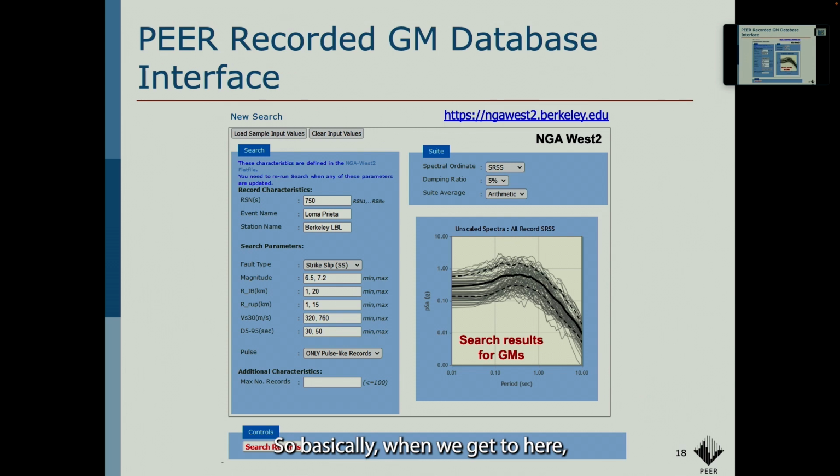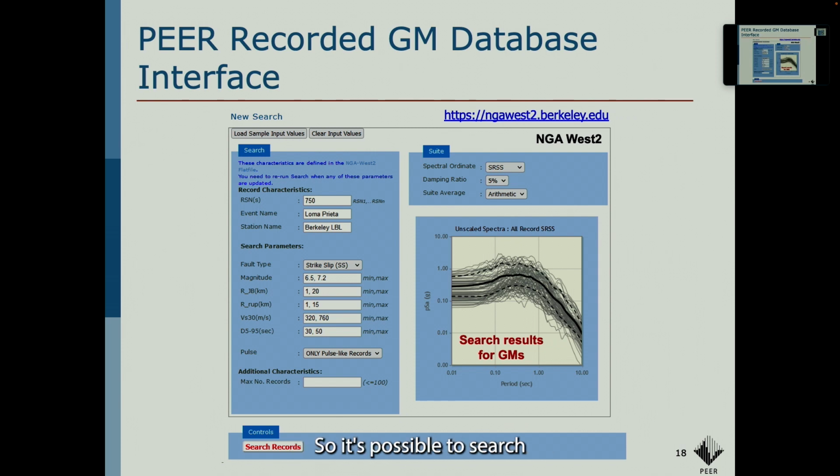So basically when we get to here, you can search for earthquakes that occurred on a specific fault mechanism, such as strike slip, normal, reverse, etc., or search for ground motions in a certain magnitude range here. We can use distance, particularly the Joyner-Boore distance, or the closest distance to the rupture surface, as another search parameter.